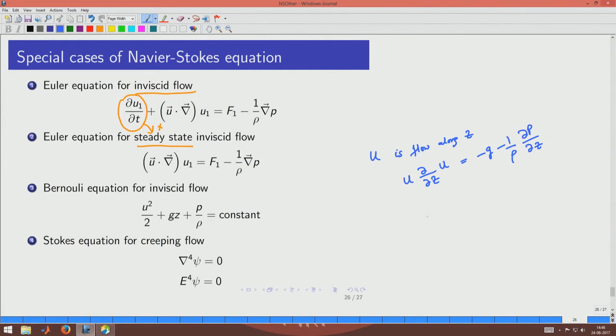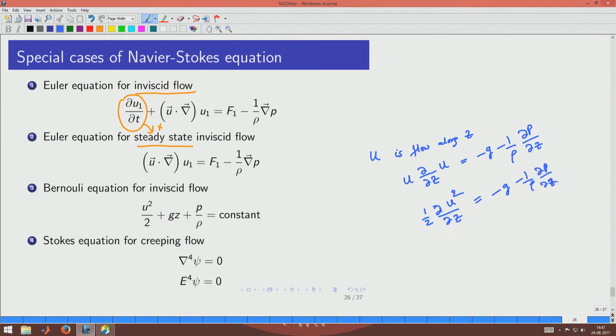If you take u in, you could write it as half dou u square by dou z, because if you differentiate you get 2u, and therefore you can also write the rest of it.